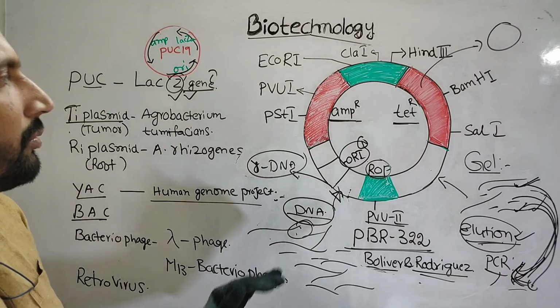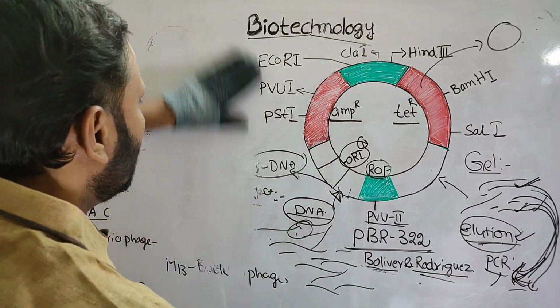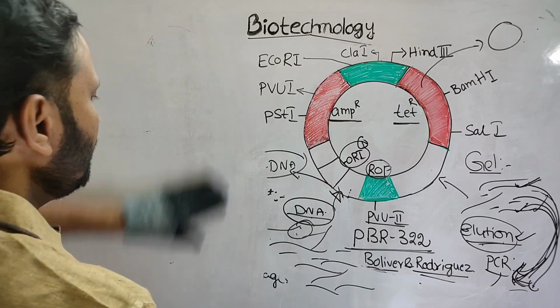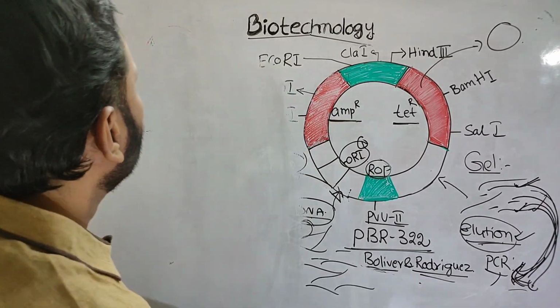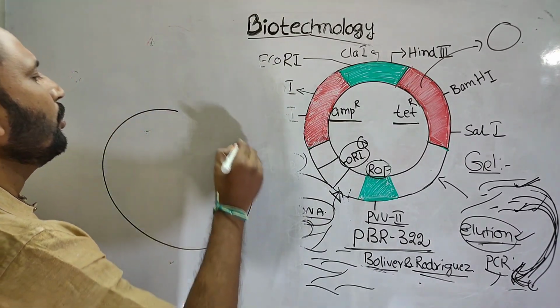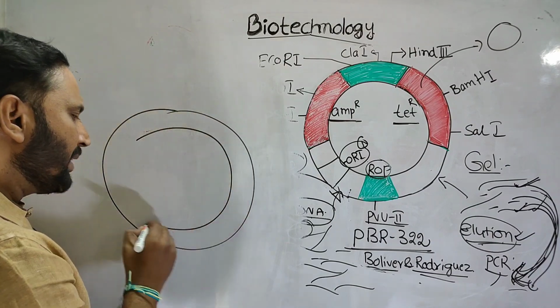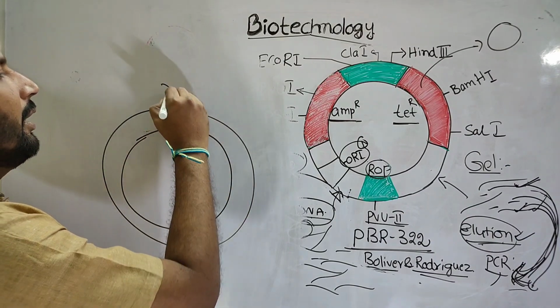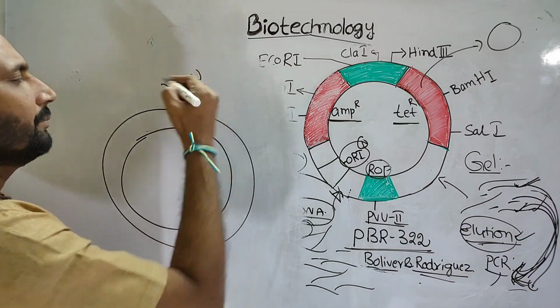Now these vectors are also very important. The vector should also be cut by the same restriction endonuclease enzyme.